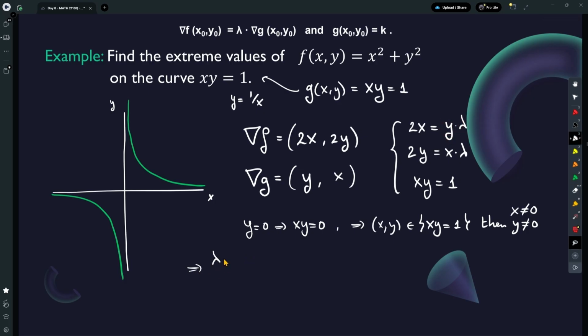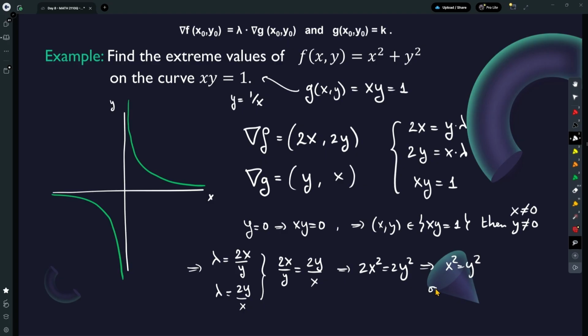So I get that lambda is 2x divided by y, but also from the second equation here, if I solve for lambda, I get that lambda is 2y divided by x, and I can set them equal: 2x divided by y equals 2y divided by x, which means that 2x squared is 2y squared, and that means that x squared is y squared, or that x is plus or minus y.